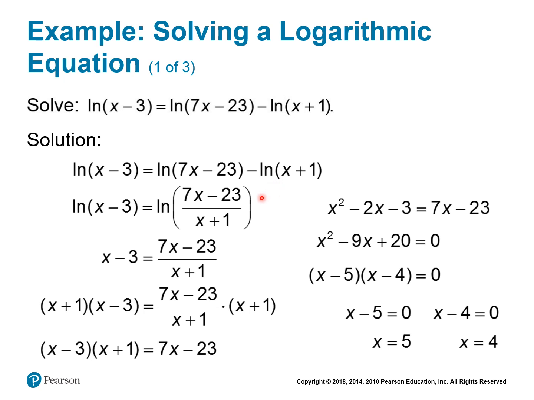But before that, look at the right-hand side. The right-hand side has ln of 7x minus 23 minus ln of x plus 1. So since both these terms have ln in it and a minus sign in between, we can apply the quotient property to collapse this with a single ln.